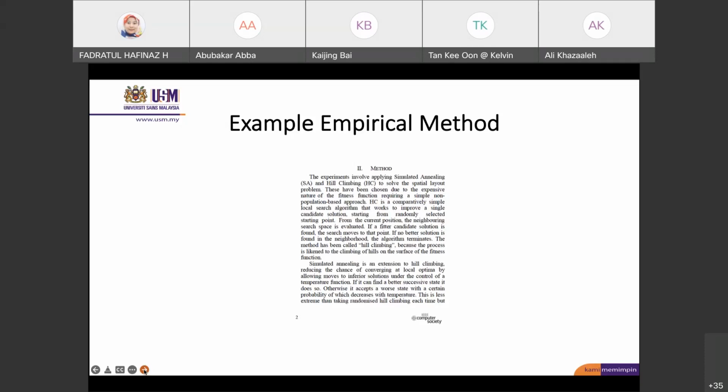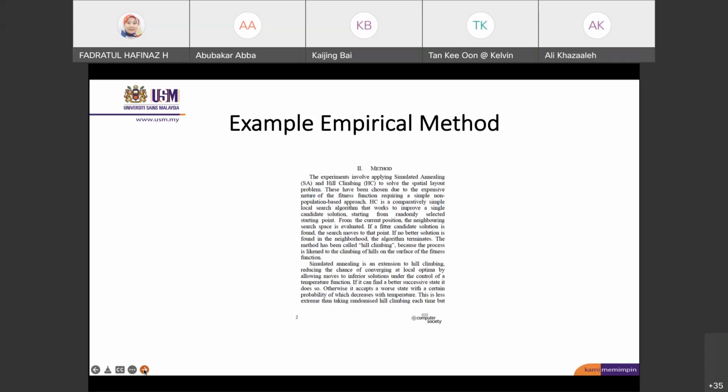Yes, you are right. One of the reasons we need to apply for ethical approval is to respect the privacy of the data itself, especially medical data. We need to have consent from those parties. Thank you, Abu Bakar.